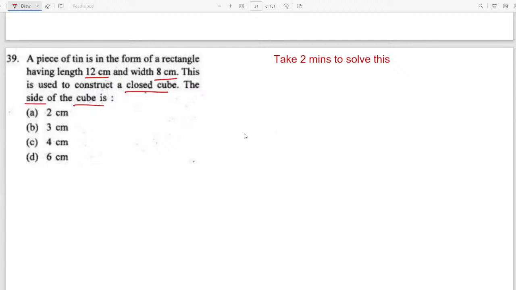So we have a rectangular sheet that is 12 centimeters and 8 centimeters wide.